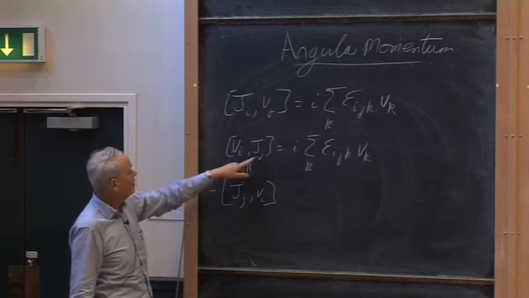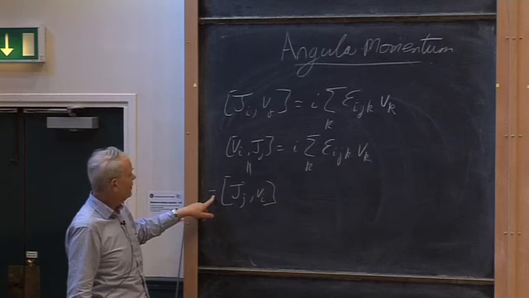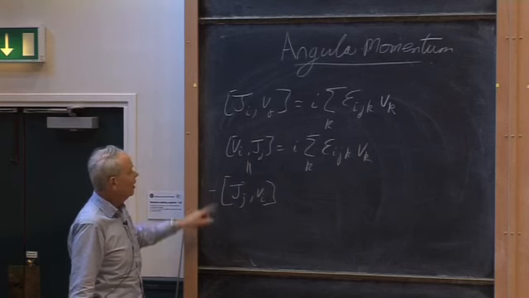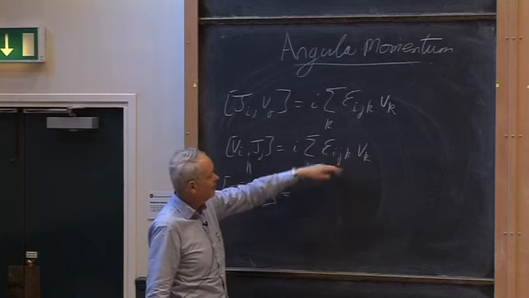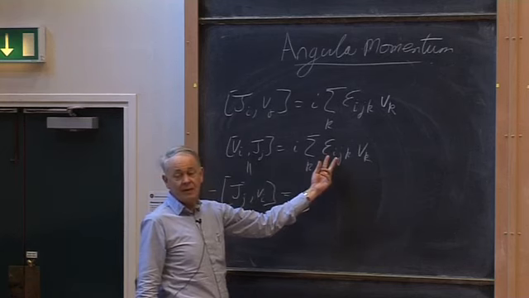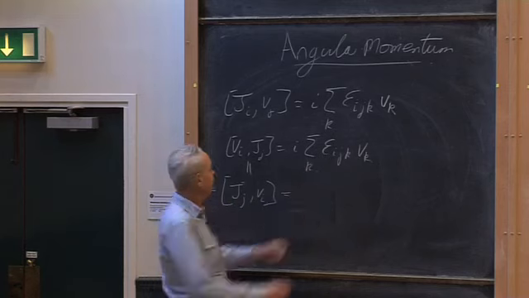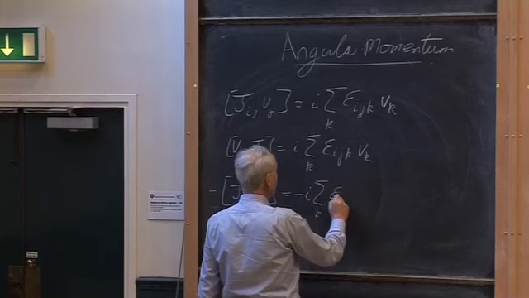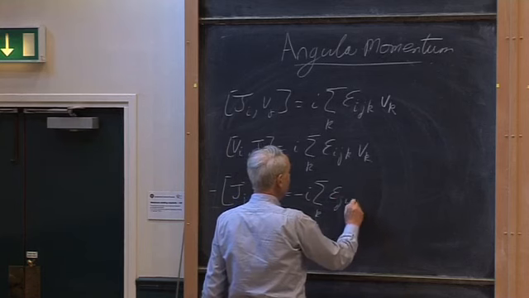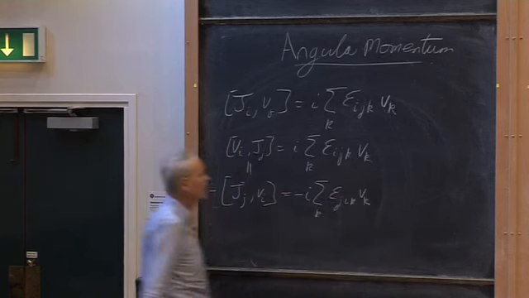If I swap these two operators, of course, I pick up a minus sign. But then I can pick up a matching minus sign on the right side by swapping these two indices of the epsilon symbol. So that's minus i sigma k epsilon j i k V k.